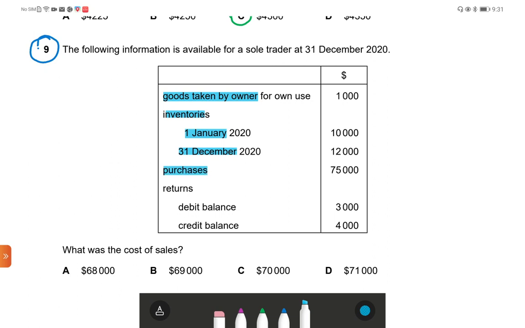Purchase is given. Returns, debit balance and credit balance. Return debit balance is the sales return. Return credit balance is our purchase return. Purchase return is also given.